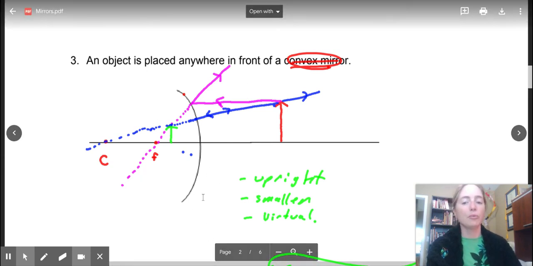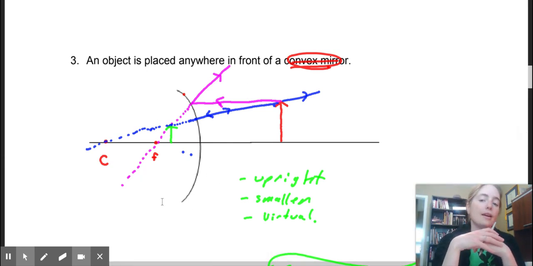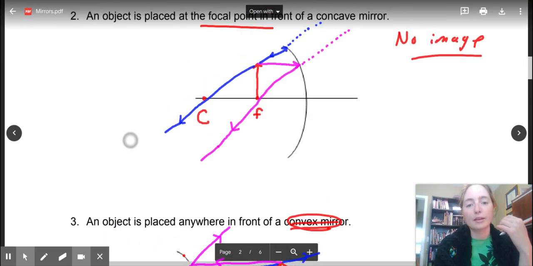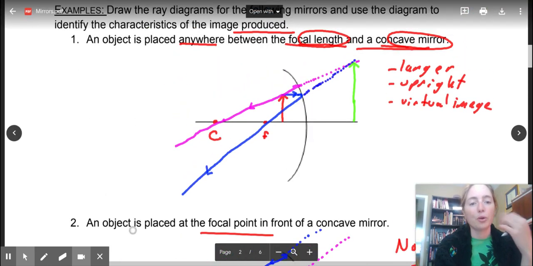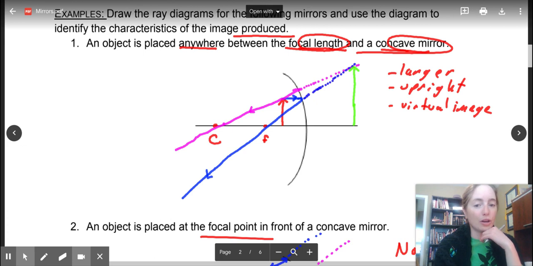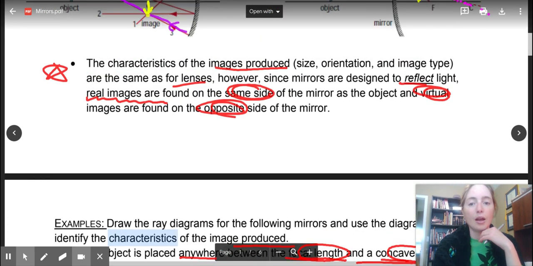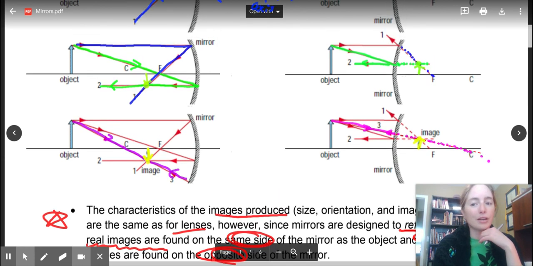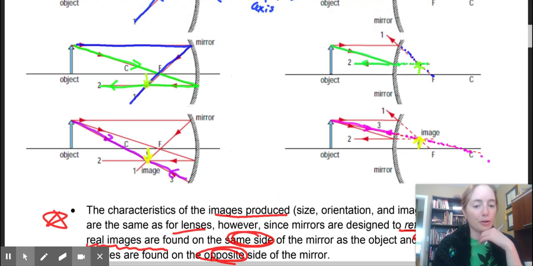So anytime we're going to be having a convex mirror, we are going to be getting virtual images. And this one here, we got a virtual image with this concave mirror. But notice with our other ray diagrams, we did happen to get a real image with a concave mirror. You can get real images with a concave mirror.